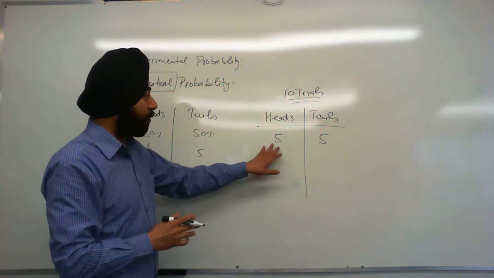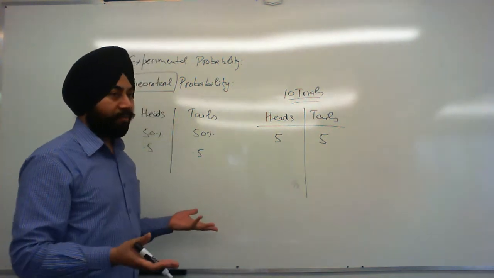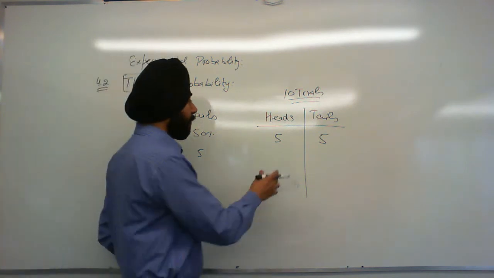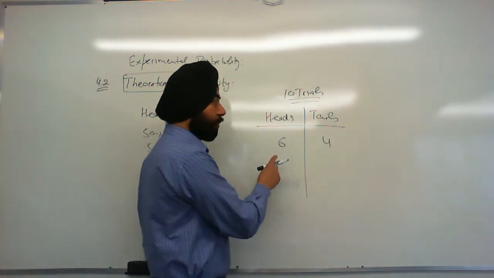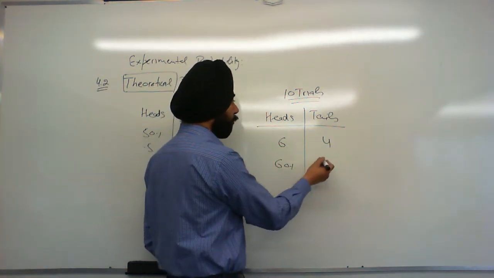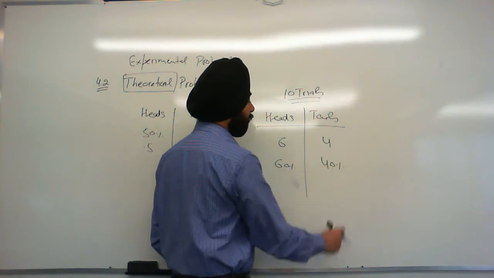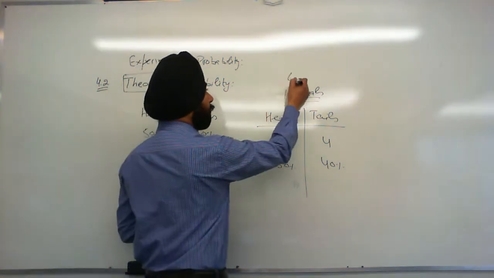Only then will the probability be 50% each, right? But it might not happen. You never know. You might end up having 6 heads and just 4 tails. So what's the probability of having heads? 60%. And the probability of having tails is 40%.